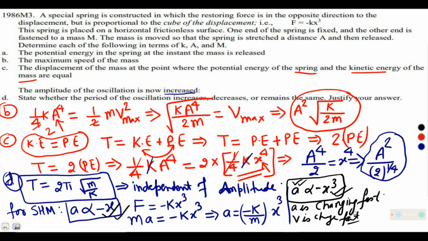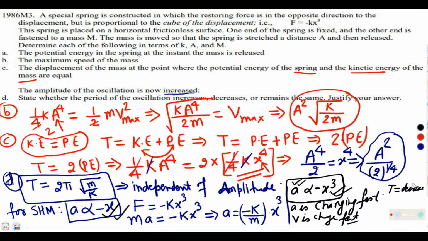If velocity changes fast, then it will cover the distance of oscillation very soon. If velocity is fastly increasing and fastly decreasing, then its time period will be decreased. So its answer should be that the time period will decrease. I hope you understood this question very well.